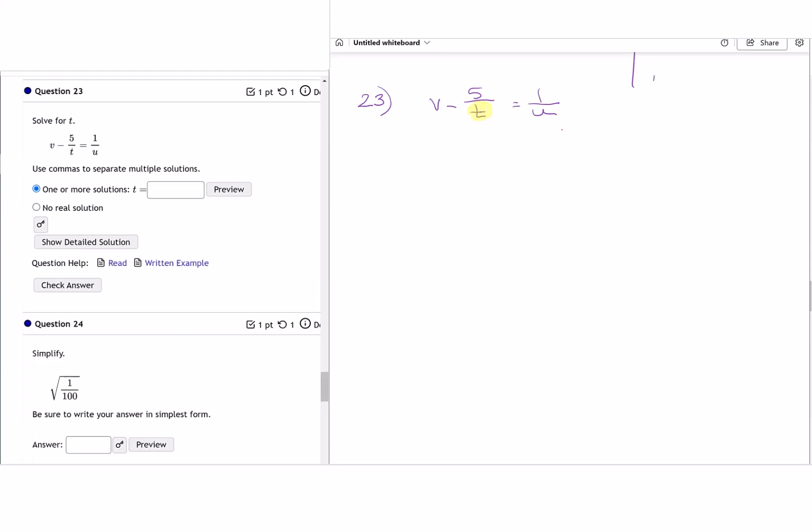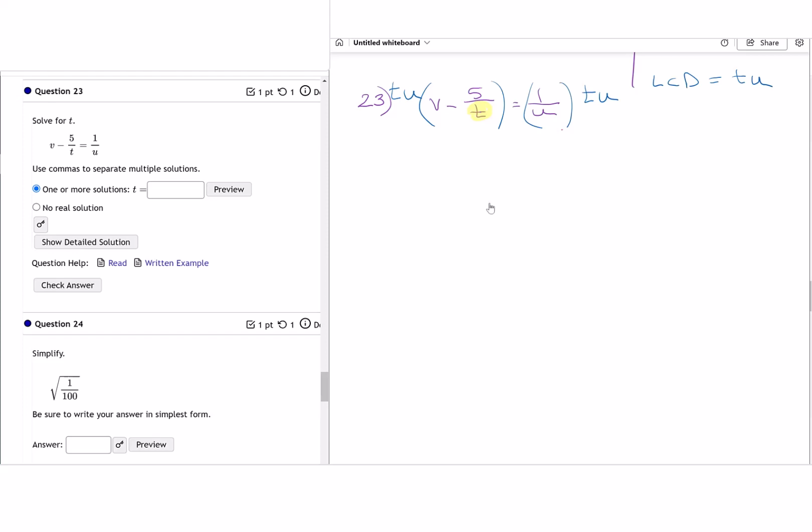My LCD is equal to T times U. They have nothing in common. We have to multiply them by each other. And then I multiply both sides by TU. By the way, you'll know if you got a good LCD if you don't have any denominators when you're done. That's the goal, no denominators.